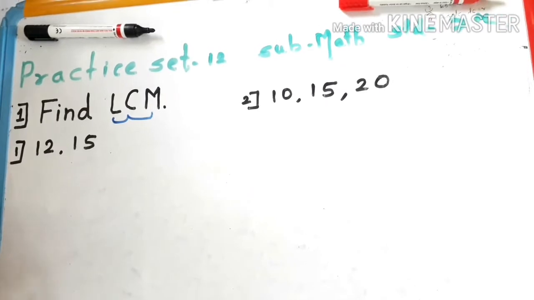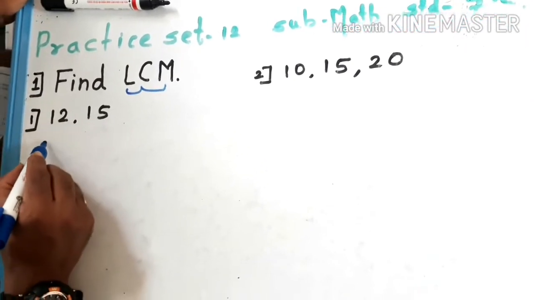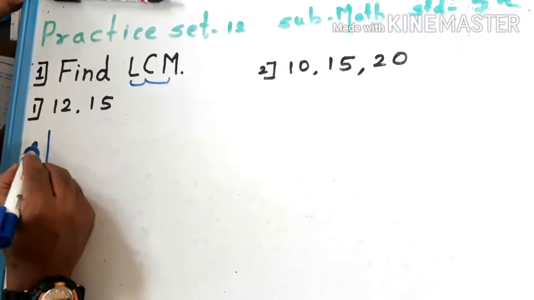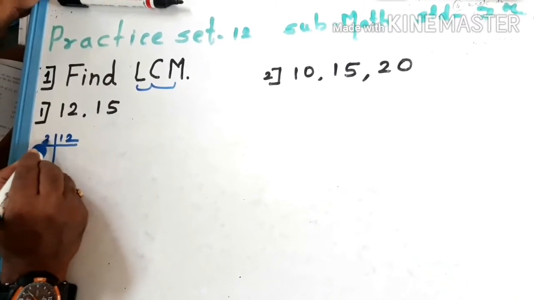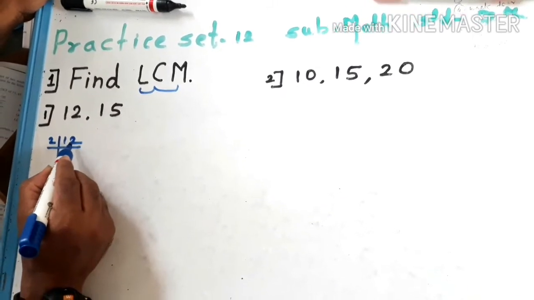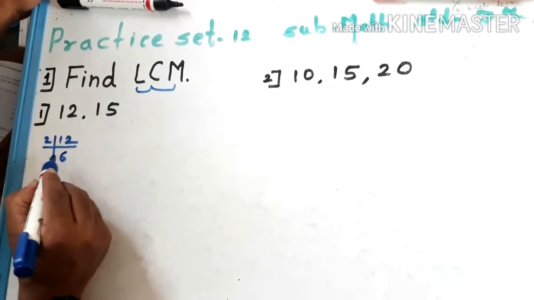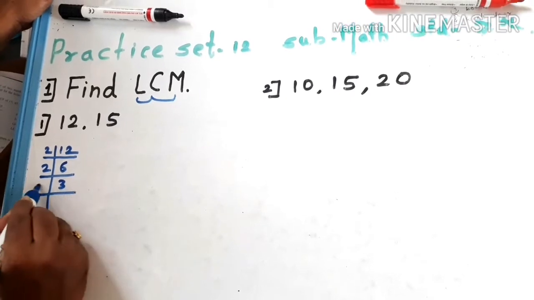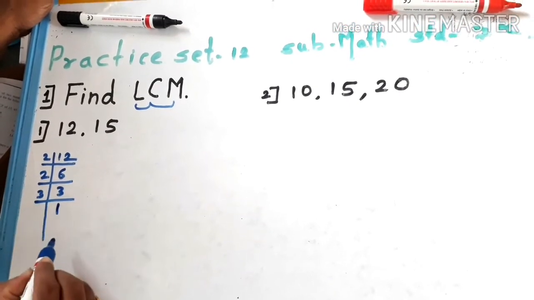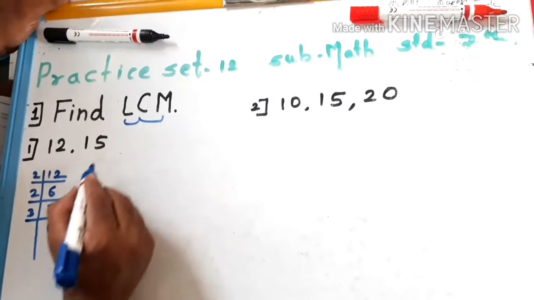So look at this. First factorize 12. It is divisible by 2, so 6 into 2 is equal to 12. Then 6 is 2 into 3, and 3 again. Here is the factorization of 12.